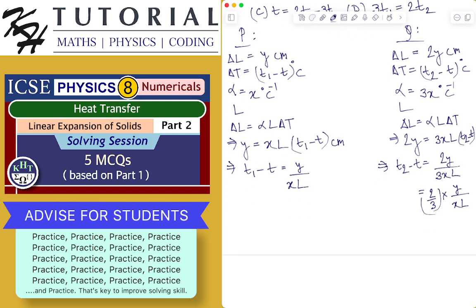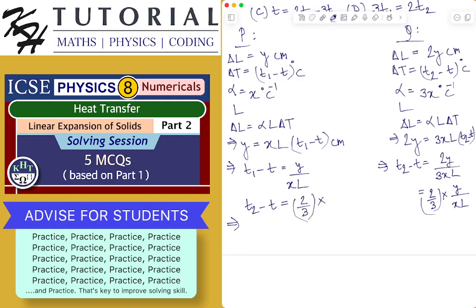Now clearly we can see, comparing, T1 minus T is equal to y by xL, and T2 minus T is equal to 2 by 3 multiplied by y by xL.